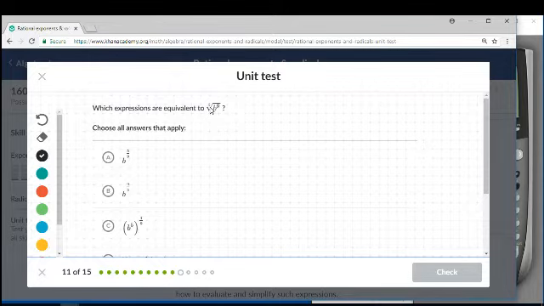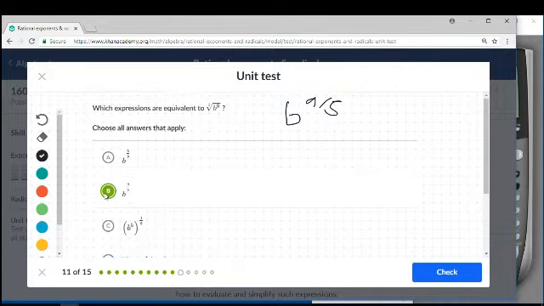The fifth root of b to the 9 is going to be b to the 9/5. But it could also be, well, let's look at c. b to the 5 to the 1/9. No, I'm sorry.